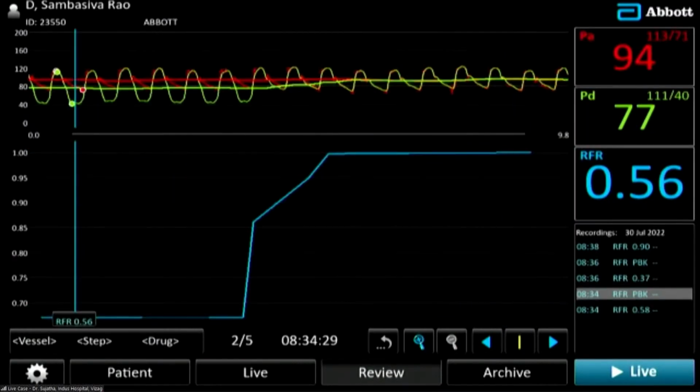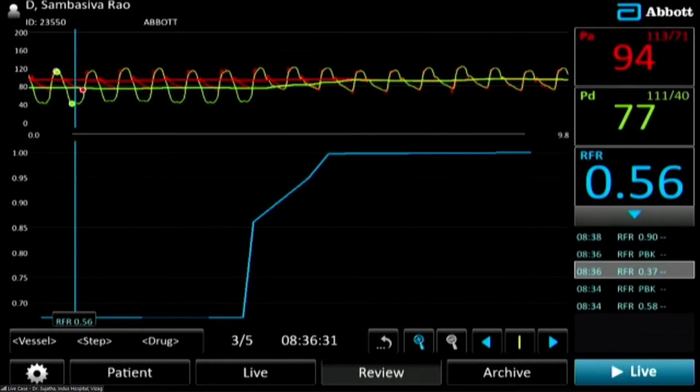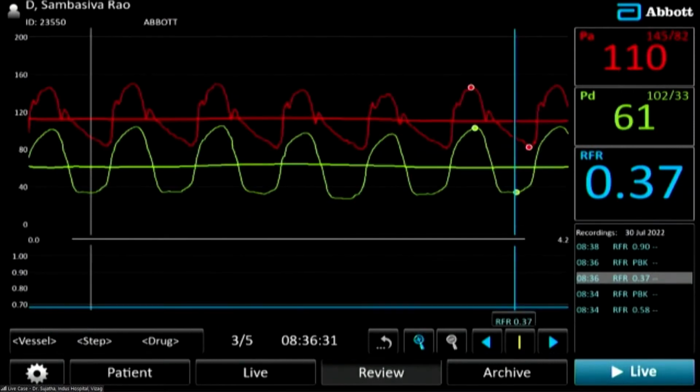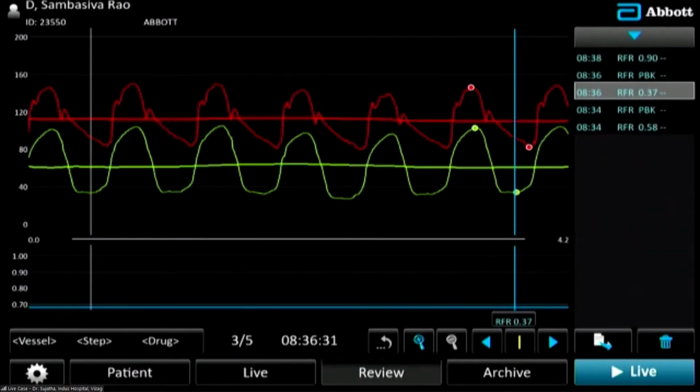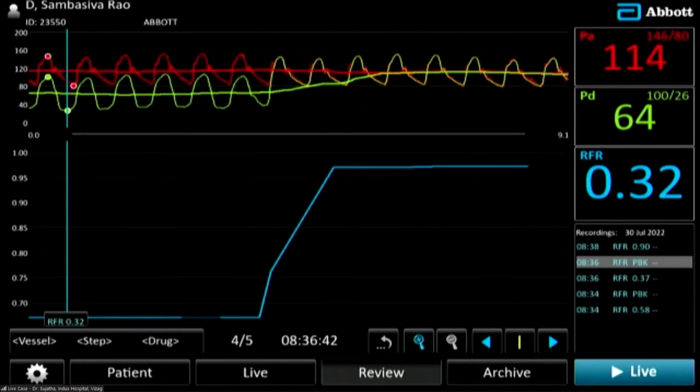That's the pullback. So you can see that it is a pretty focal lesion. Next, we also did it in the OM3, the tight small OM. That is 0.37 on pullback. So again, we got a focal pullback. We did it in the OM2. Next.